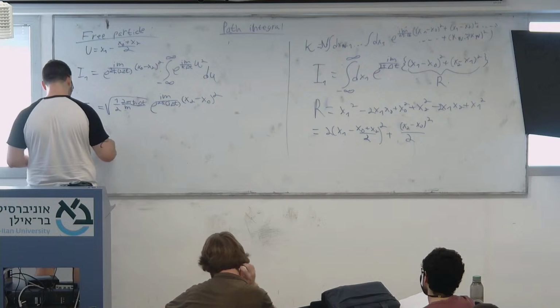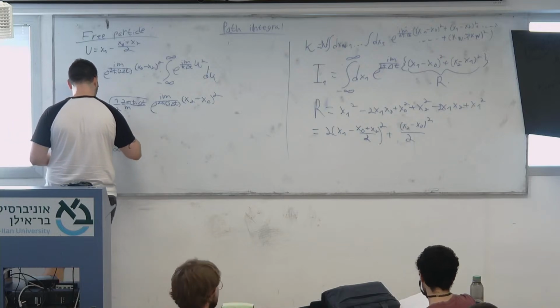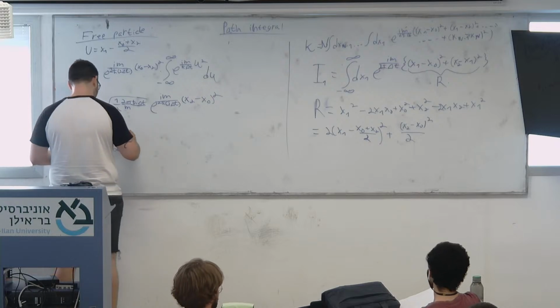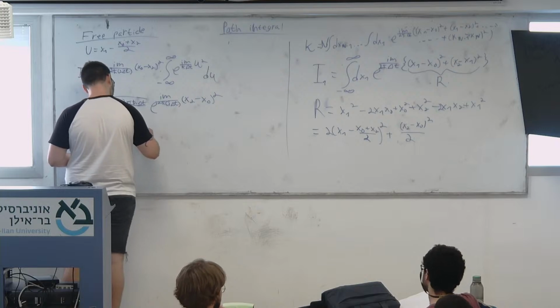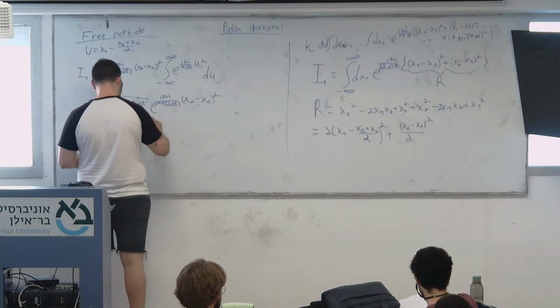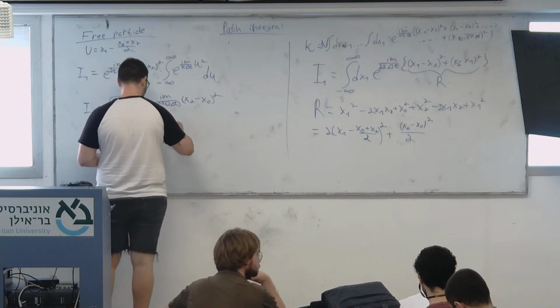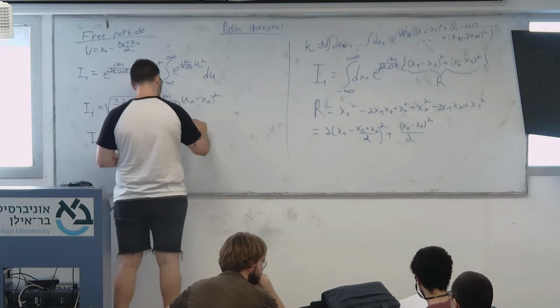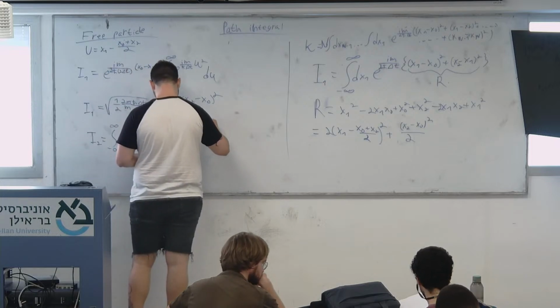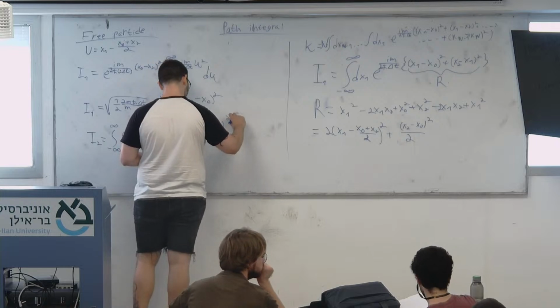So, I2 is equal to the integral from minus infinity to infinity of e to the i, I really should have just given this constant a name, delta t, times 1/2 (x2 minus x0) squared plus (x3 minus x2) squared.